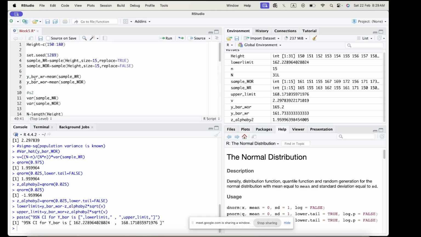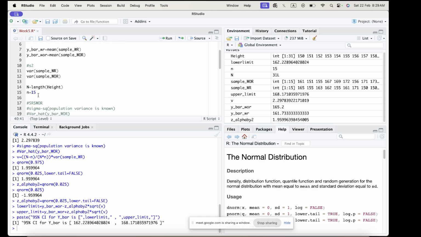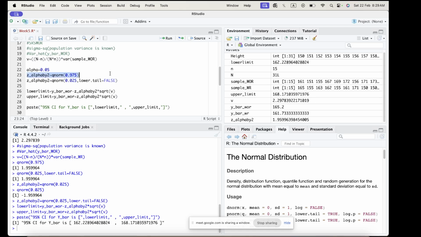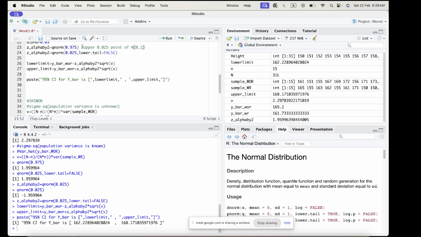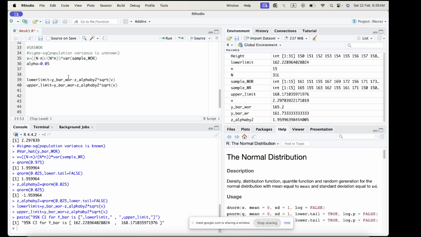What is going to change is this part. So instead of getting the upper alpha point of a normal distribution, this is upper 0.025 point of normal 0, 1, I am going to get the upper alpha point for a T distribution with n-1 df.